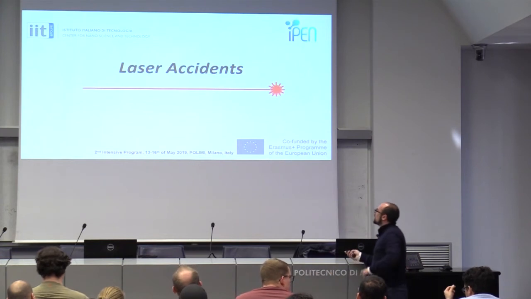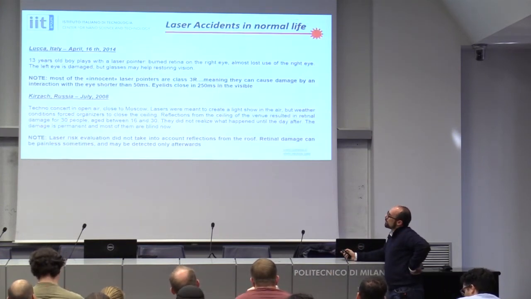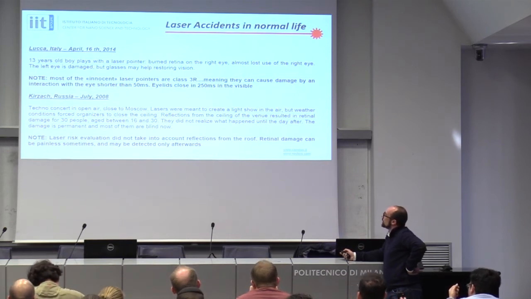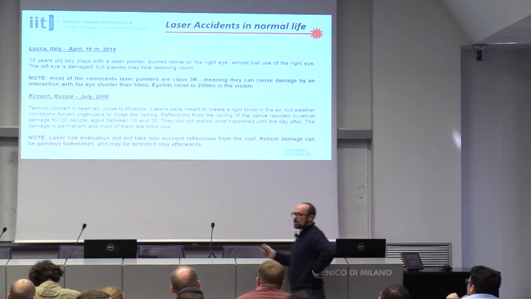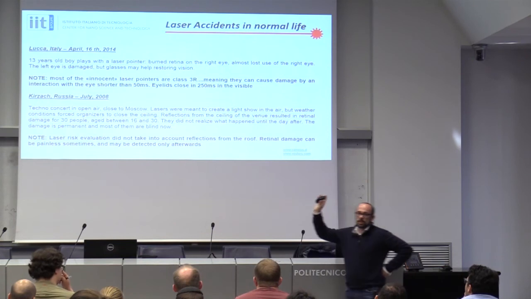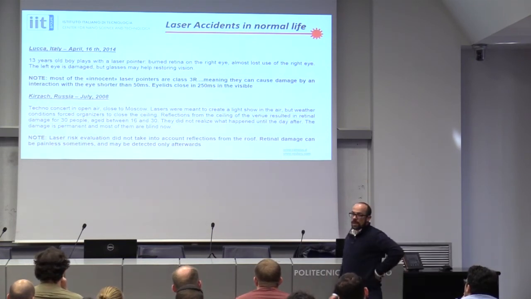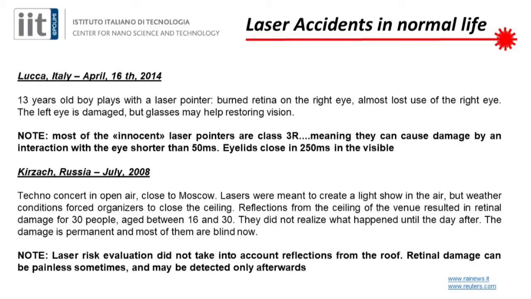Very good. So let's speak about laser accidents and analyze them a bit. The first one is about a guy here in Italy in 2014. He was a 13-year-old who was playing with such a thing, a laser pointer. As I told you, most laser pointers are class 3R, so they can be quite dangerous. He was playing with this and he burned a part of the retina of the right eye and almost lost use of that eye.